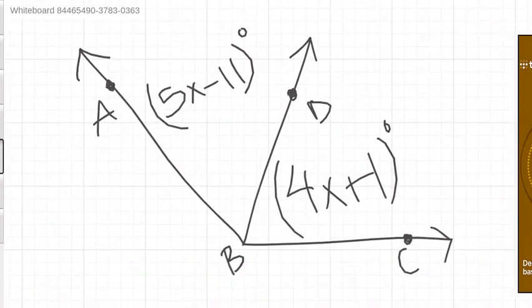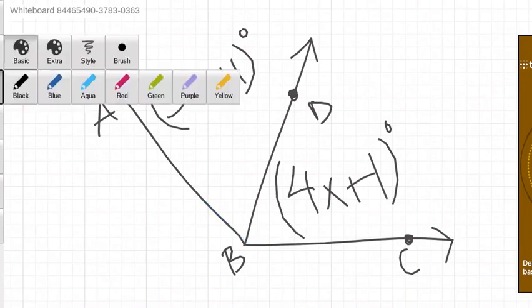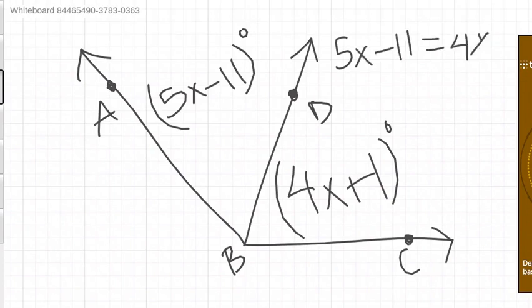Alright, so this is another one where BD bisects angle ABC, so we need to find angle ABC. We want to find this whole big angle, and we know that the two smaller angles are congruent, so 5x minus 11 would equal 4x plus 1. X would equal 12.